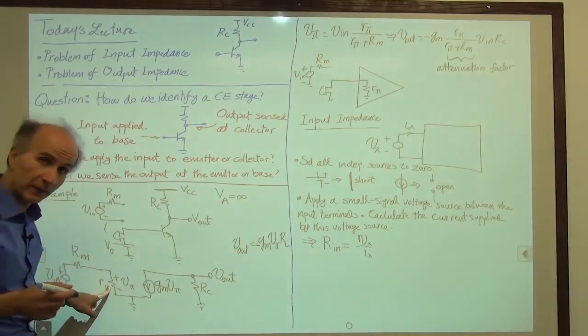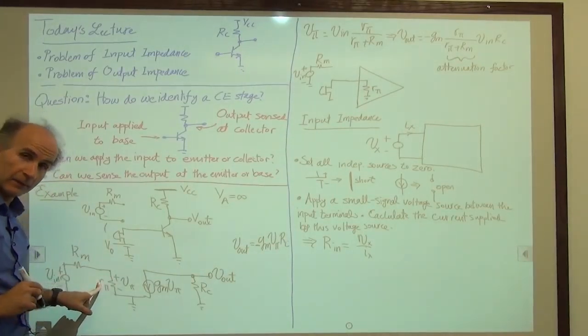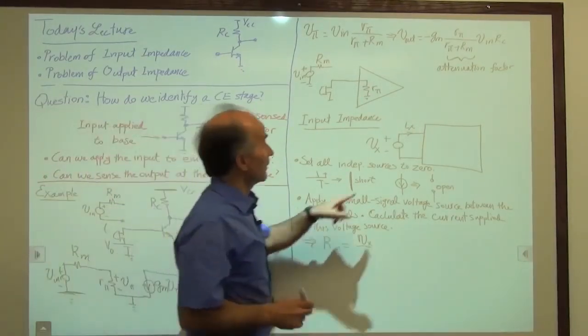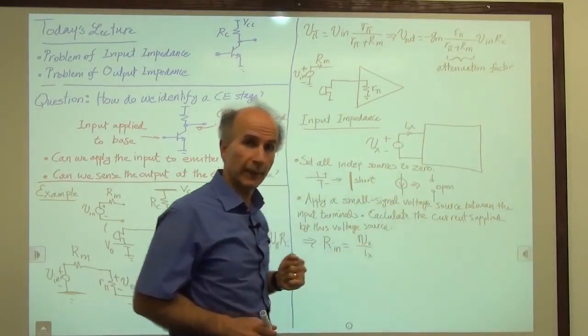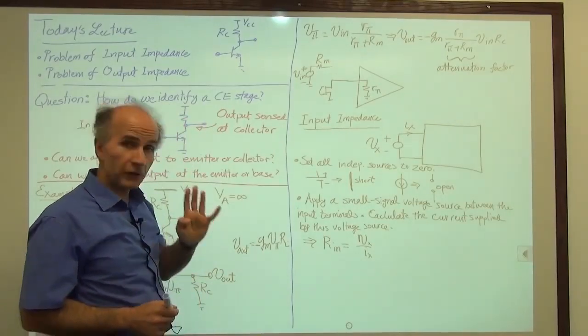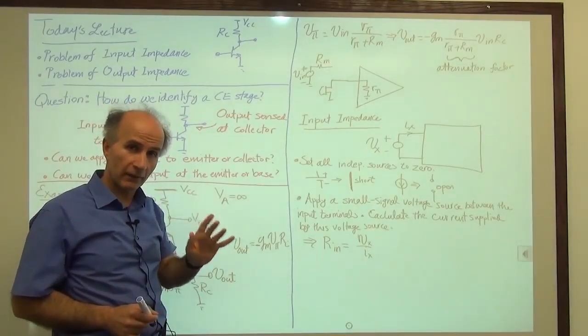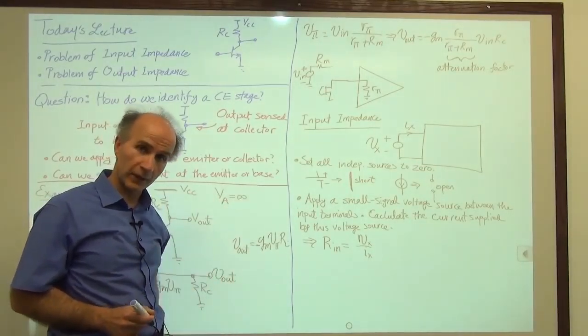So from that perspective, we would like this input resistance to be as high as possible. You can see that if R pi is very high here, this approaches 1, the best we can do. Okay, so let's officially calculate the input impedance of the common emitter stage to make sure it is what we think it is, right?